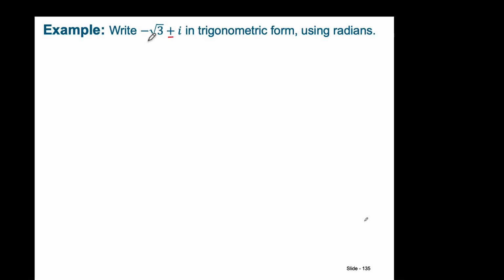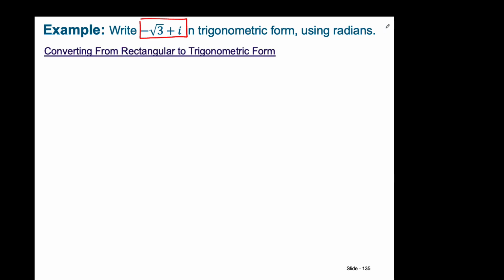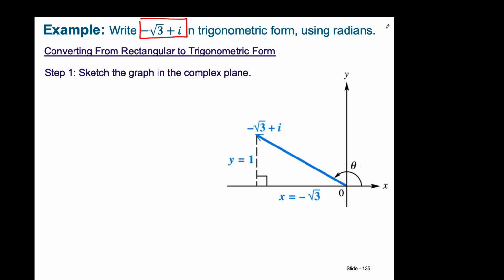Example. Let's write this complex number, negative radical 3 plus i, in trigonometric form, and we're going to do so using radians. All right, converting from rectangular to trigonometric form. Here is the strategy you're going to want to use. Step 1, sketch the graph in the complex plane. Set up your x and y.